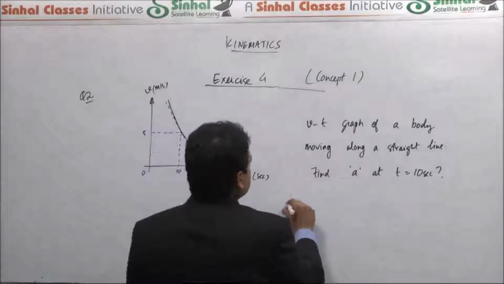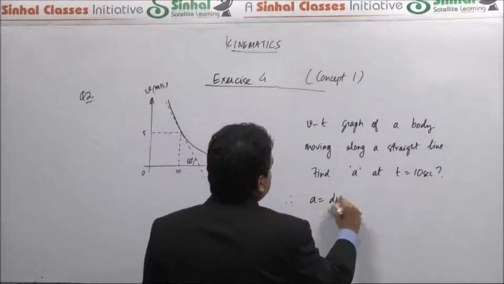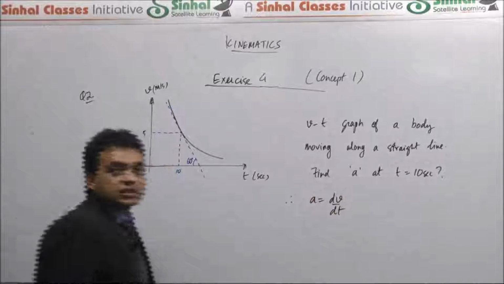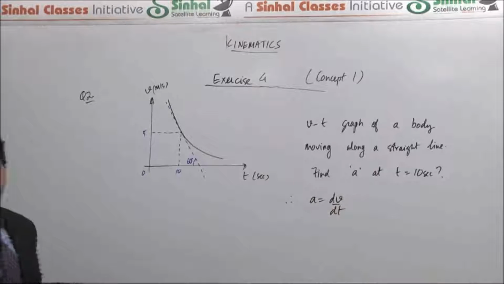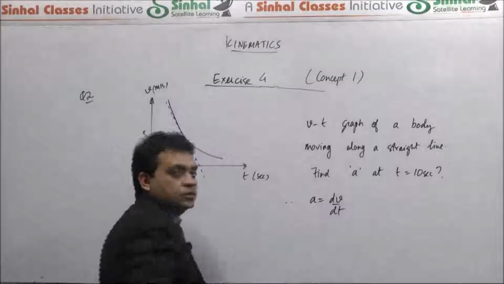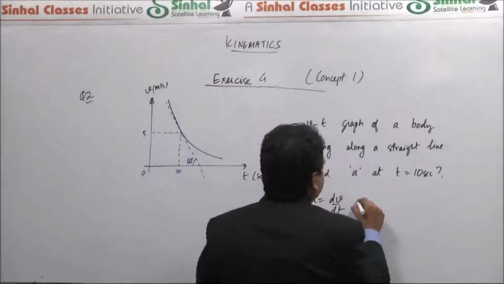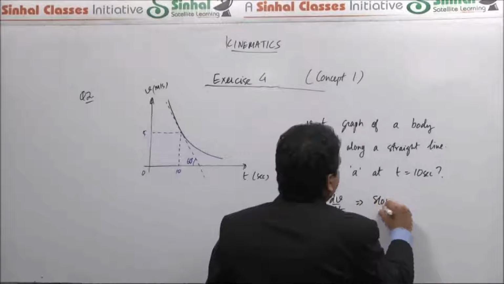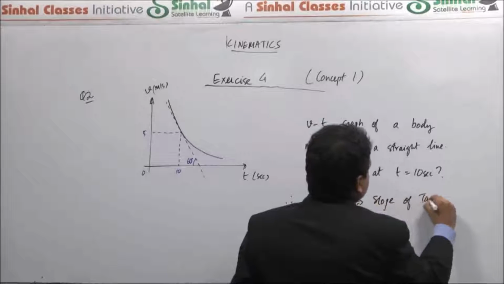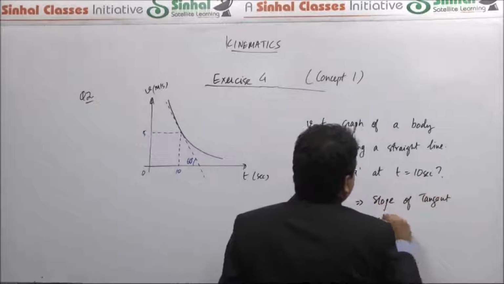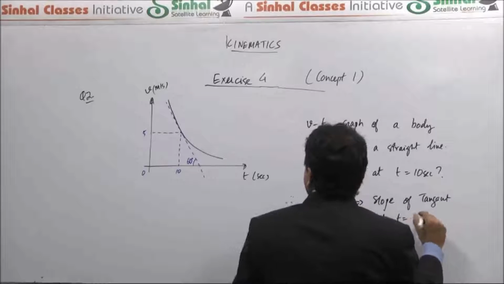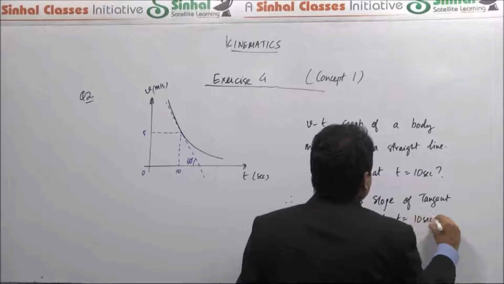So we can see that the instantaneous acceleration is the instantaneous rate of change of velocity with respect to time. It's a one-dimensional motion, so we've reduced the vector equation to a scalar equation. And from that we can see that that is the slope of the tangent at t equal to 10 seconds.